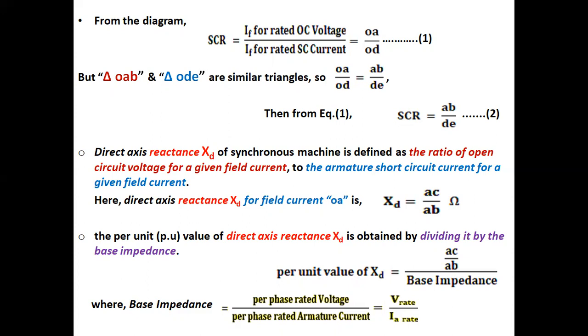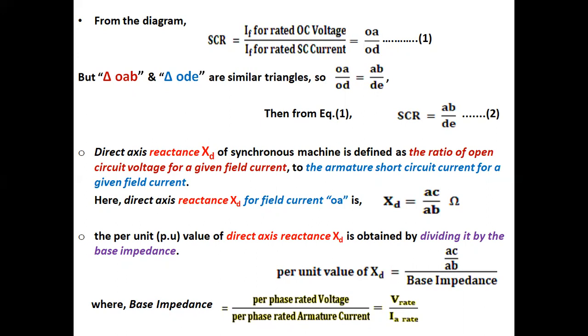Direct axis reactance XD of a synchronous machine is defined as the ratio of open circuit voltage for a given field current to the armature short circuit current for the same field current. Here, direct axis reactance XD for field current OA is XD is equal to AC by AB.